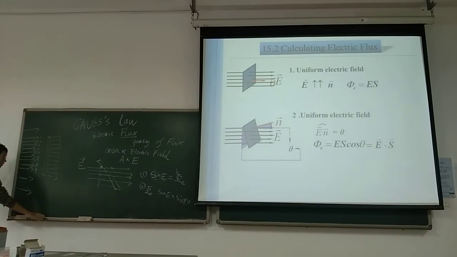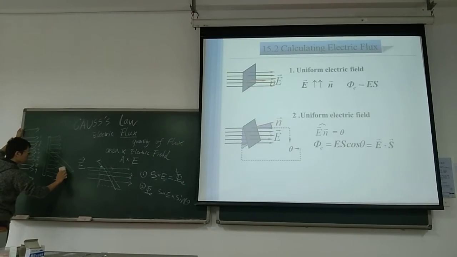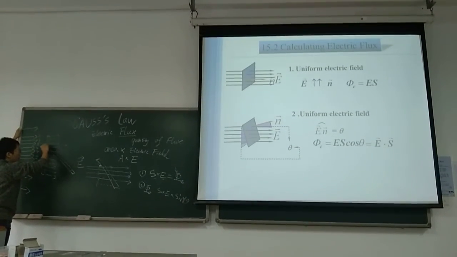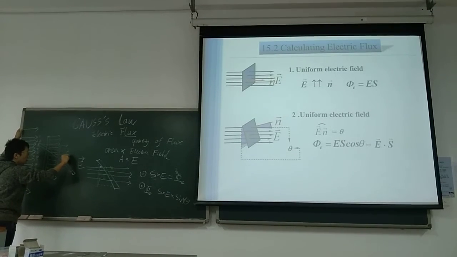However, when there is an angle between the surface and the electric field, even though the length of this disk is the same, the flux that penetrates the surface will be different, and it is less than before.